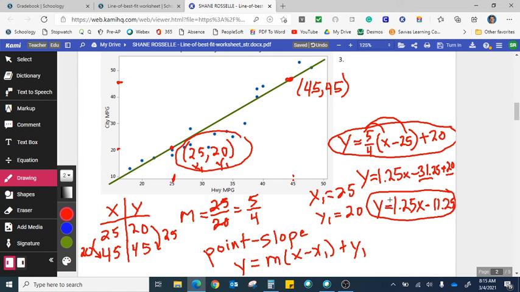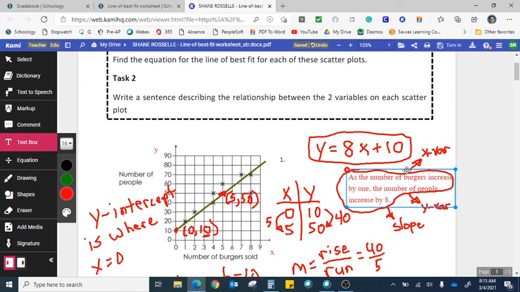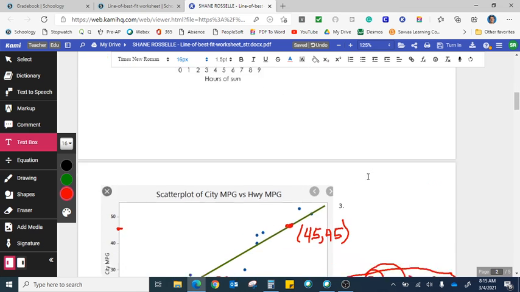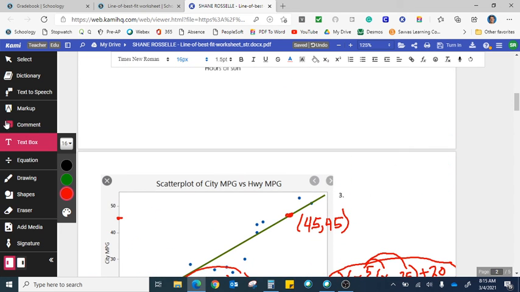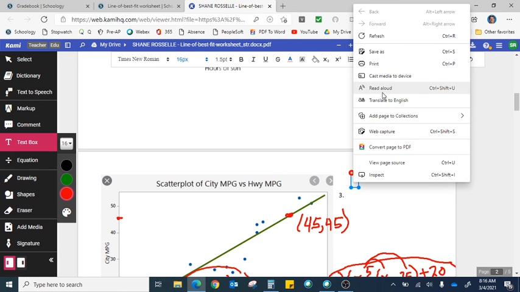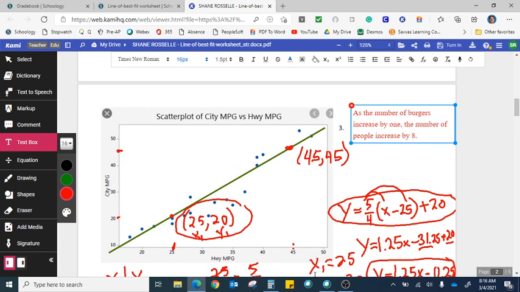So that's slope-intercept form. I'm going to go up here, take this right here, and copy it, and I'm going to go down here and create a text box. And paste that into the text box, Control V. Now this one's not number of burgers, so I'm going to take out number of burgers and put the x variable, which is highway miles per gallon.